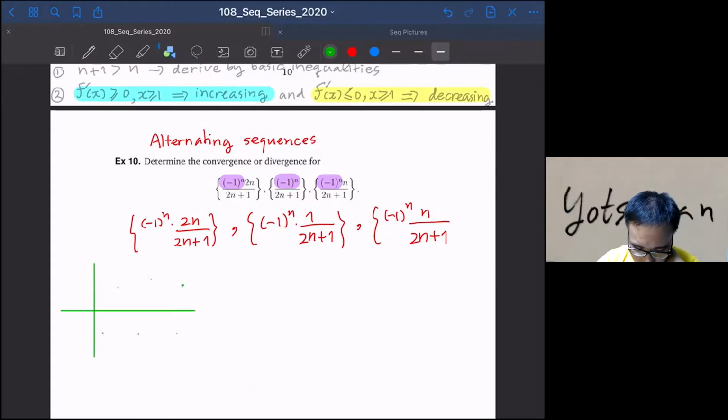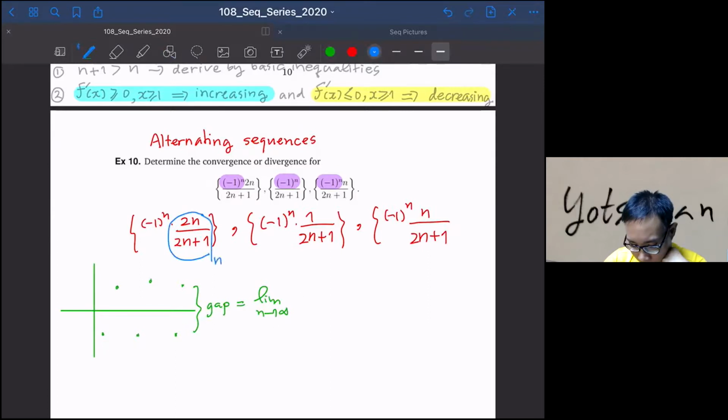If you plot n equal to 1, n equal to 2, n equal to 3, it's going to be scattering, and it's going to turn out to be uncontrollable. And there's going to be some gap. The gap here turns out to be equal to the limit as n goes to infinity of a_n. This term is my a_n.